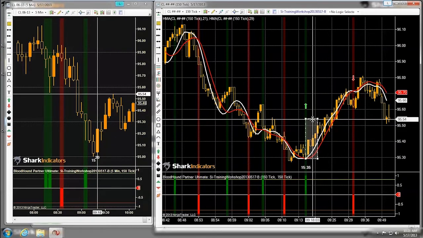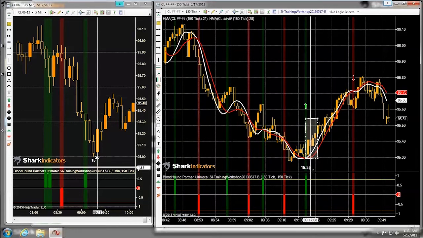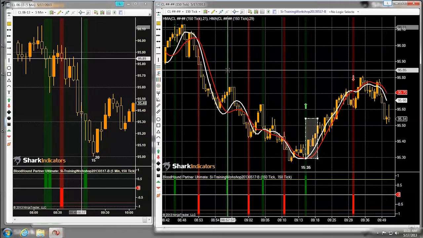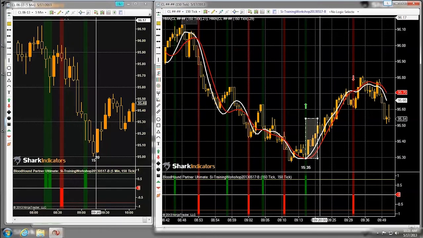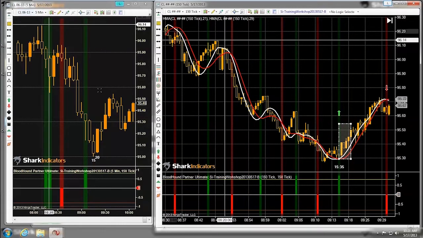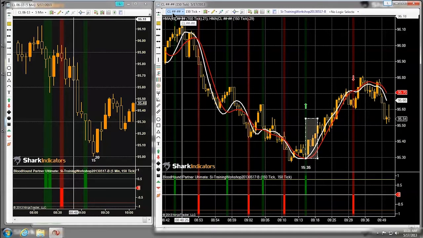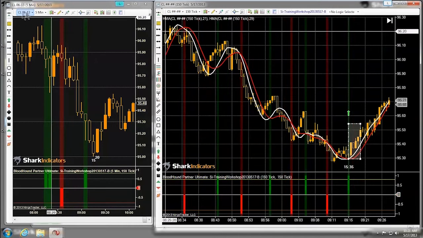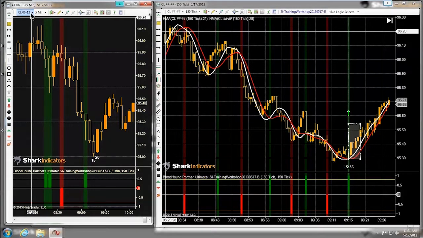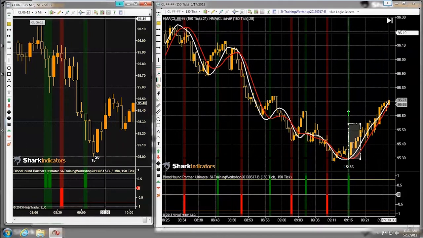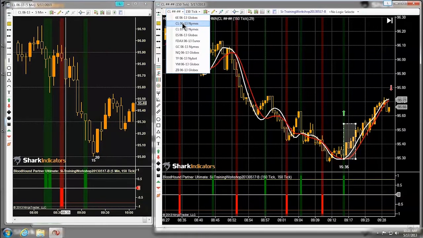Oh, hold on. My instruments are slightly different. I've noticed that NinjaTrader's continuous contract doesn't always sync up correctly when you have a monthly contract. So I'll switch this one to the monthly contract.